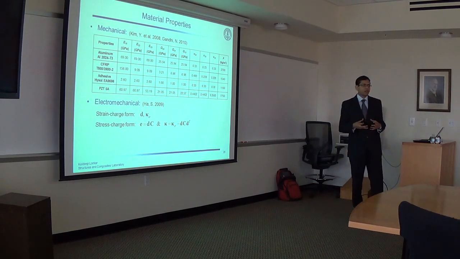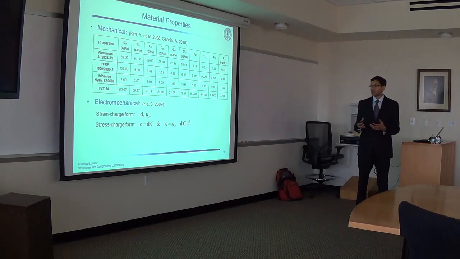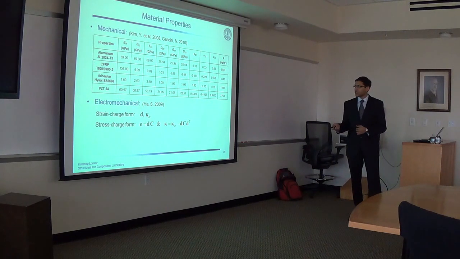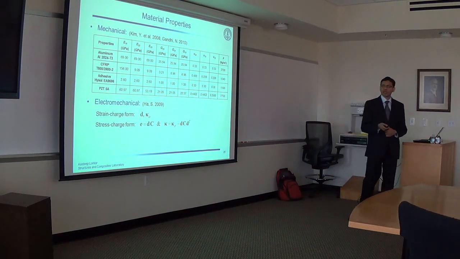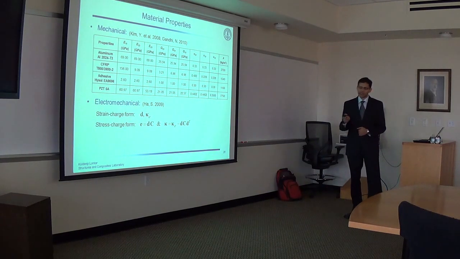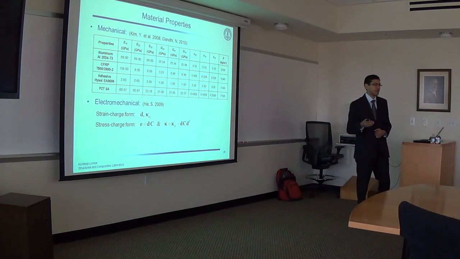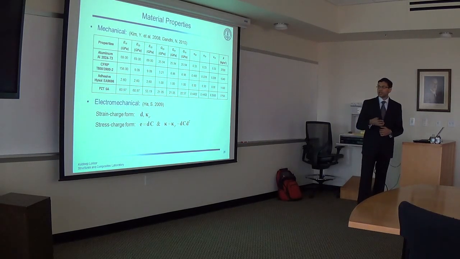Now, electromechanical properties of the piezoelectric material are often expressed in terms of strain charge form. So here d are the piezoelectric coefficients and kappa subscript sigma are the dielectric constants in this strain charge form. But in formulations, we used these properties in stress charge form.